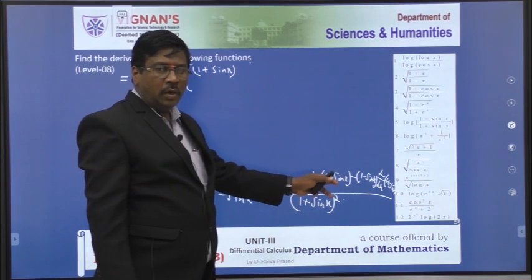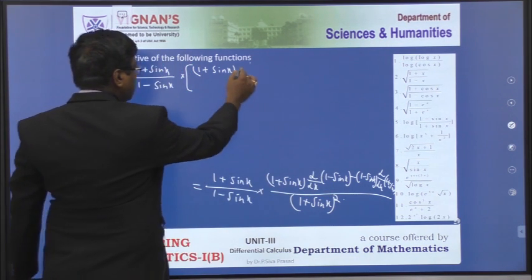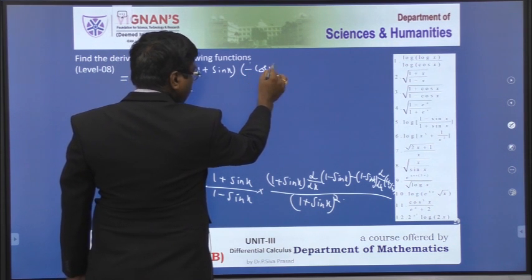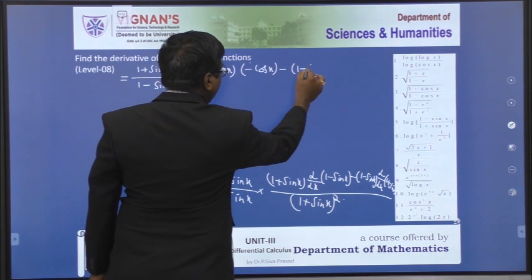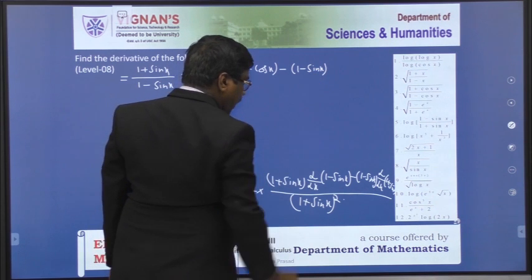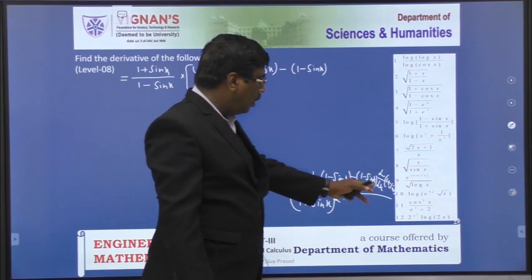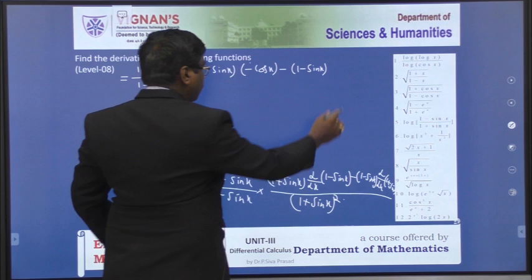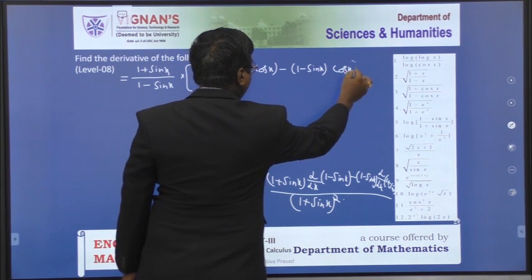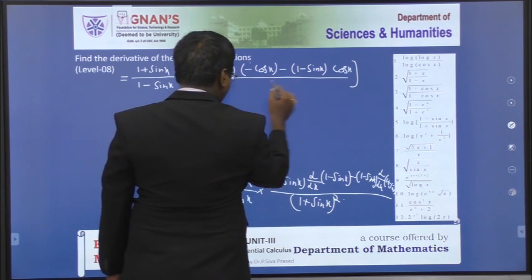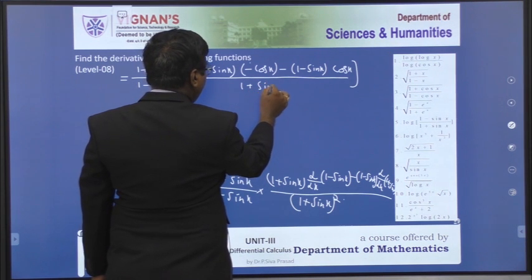The derivative of 1 is 0, the derivative of sin x is cos x, that is minus cos x, minus (1 minus sin x) into d by dx of 1 is 0 and the derivative of sin x is cos x, by (1 plus sin x) whole square.